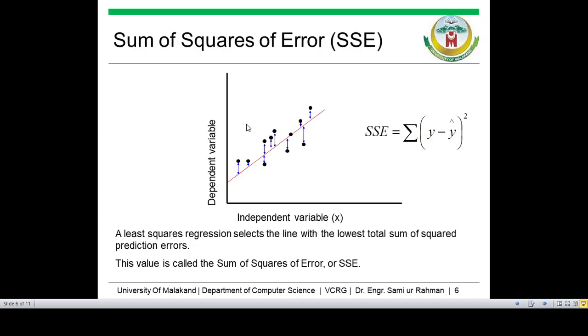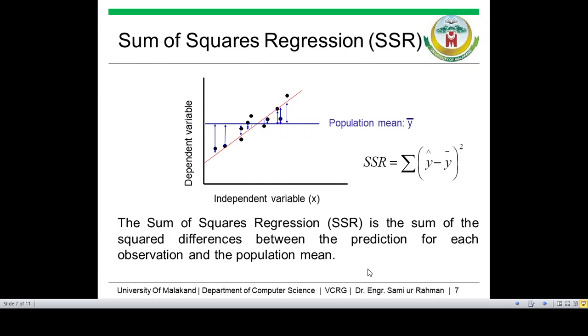Okay, so this is the sum of square regression, and the previous was the sum of square error. This actually shows the difference between the prediction and the actual observation, and the value is called the sum of square error, or SSE. This is the first one, and this is the SSR, sum of square regression, when we take the mean.